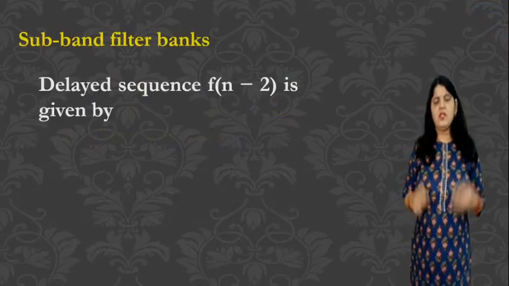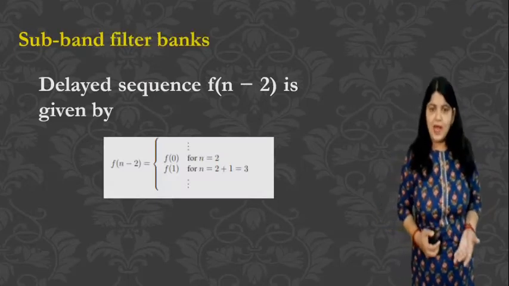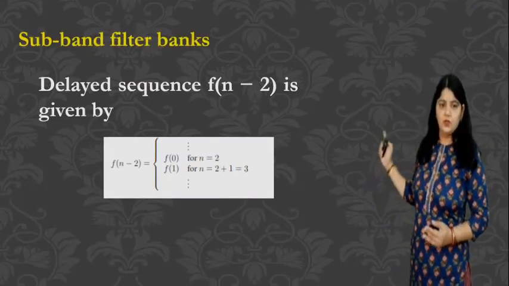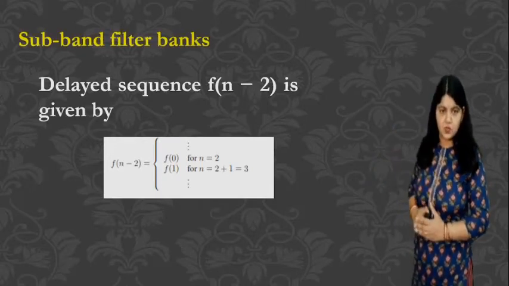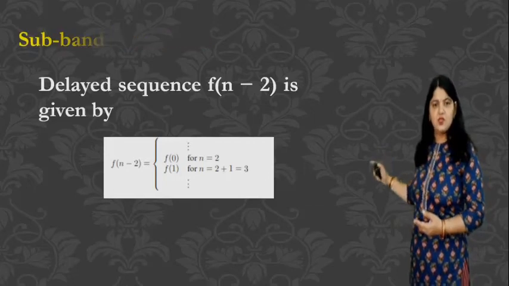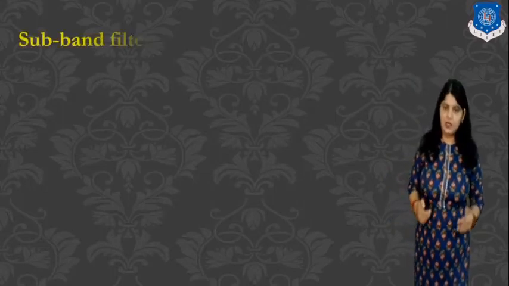Now the delayed sequence f of n minus 2 can be given by the equation f of n minus 2 equal to f0 where n is equal to 2. It is f1 when it is 2 plus 1. Similarly, we can have all other values using the equation.